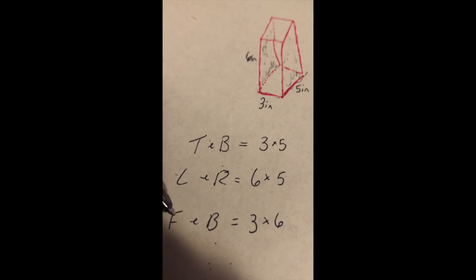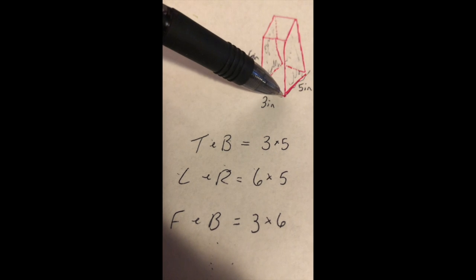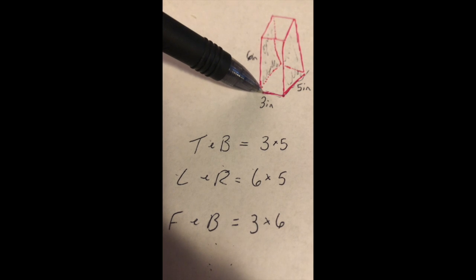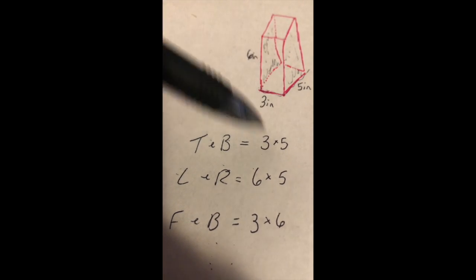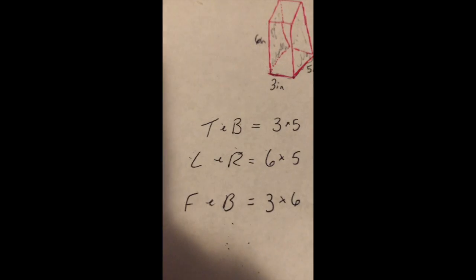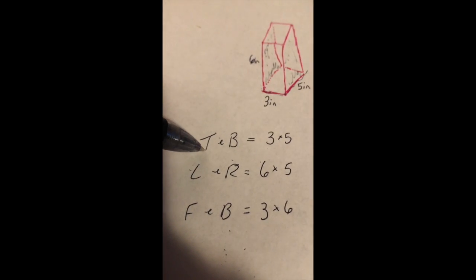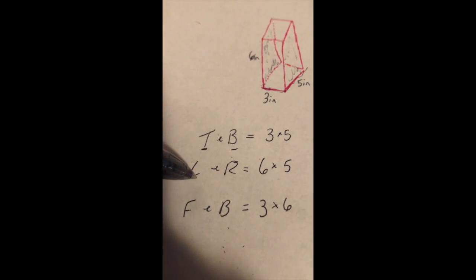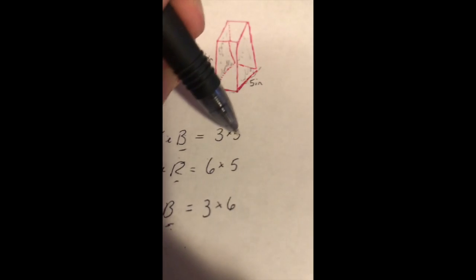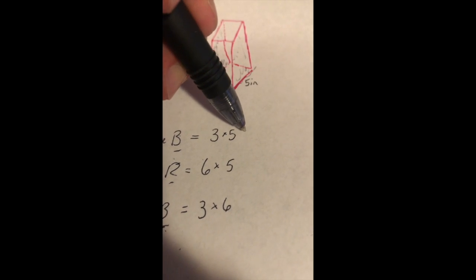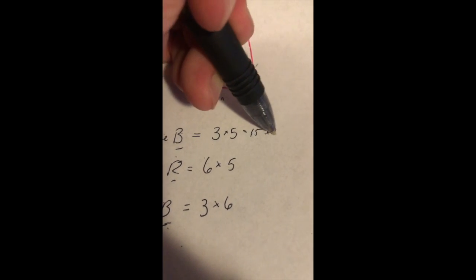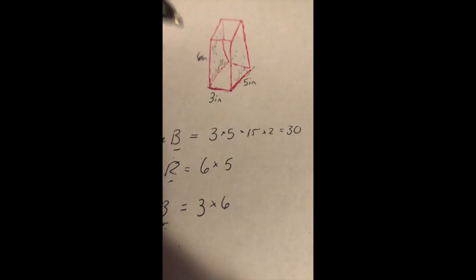Okay? And then when we look at the front and the back, here we have the front, a little bit easier to see there. We have it 3, and then again we have this here where it's by 6. So we have 3 by 6. So remember, we have two: a top and a bottom, a left and a right, and a front and a back. So 3 times 5 is 15, but then it's times 2 because there's 2 of them, so that's 30, right?